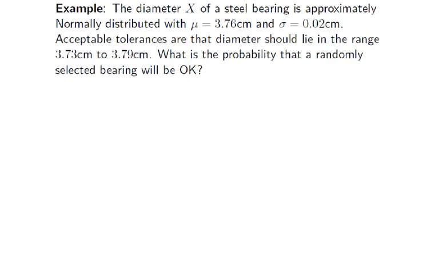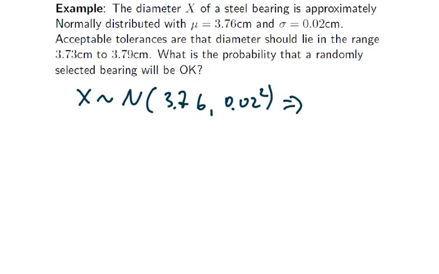This means the diameter of randomly selected bearing will be in this range between 3.73 and 3.79. So what we have? We have random variable x, which has normal distribution with mean value 3.76 and variance 0.02 squared.